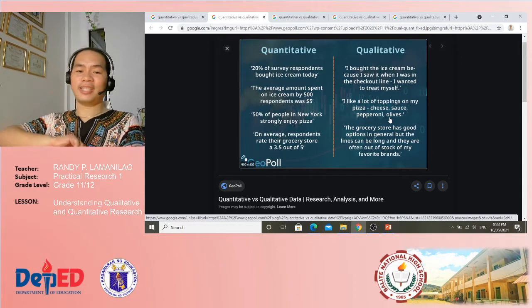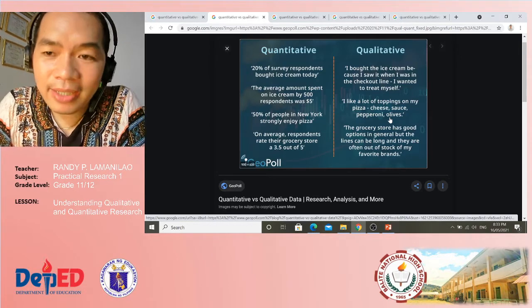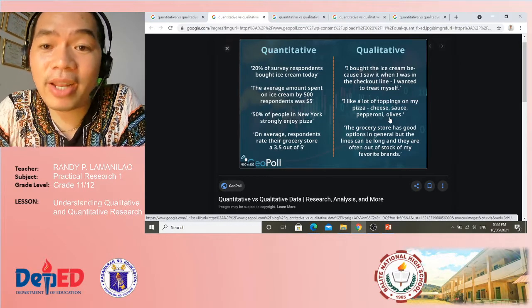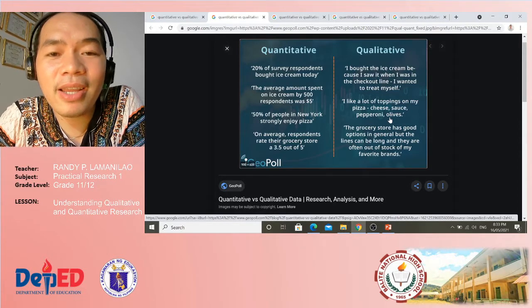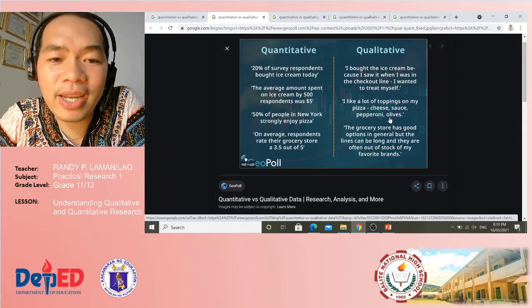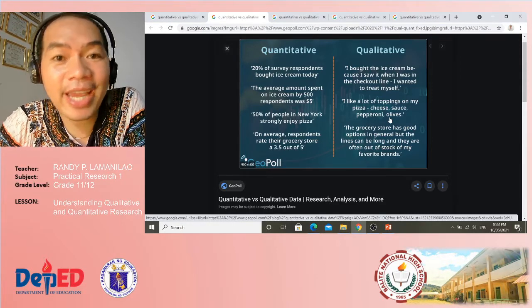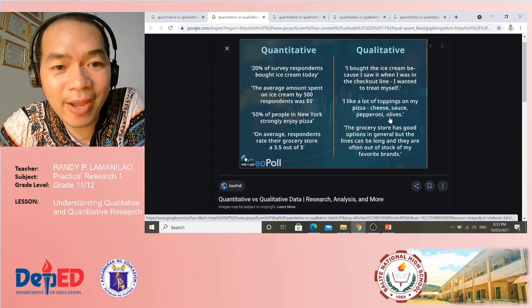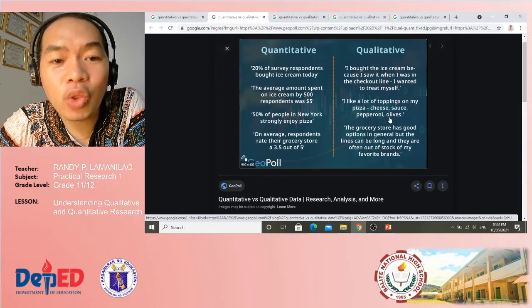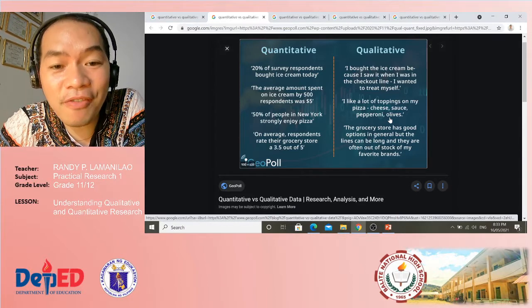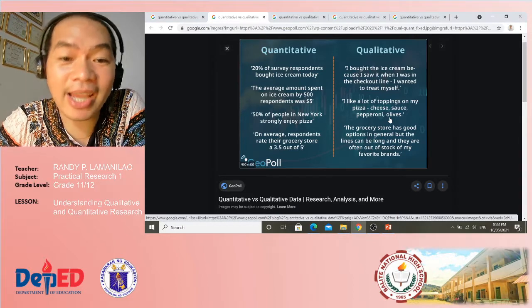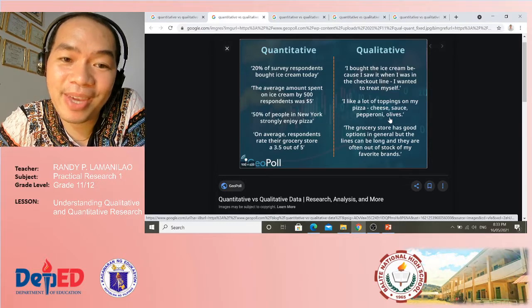Examples. Look at this. Nakikita ang quantitative tsaka qualitative. Anong research design ang nagdi-deal ng numbers, numerical data? It's the quantitative, hindi quali. Quanti. So kapag quanti, example, 20% of survey respondents bought ice cream today. Okay?